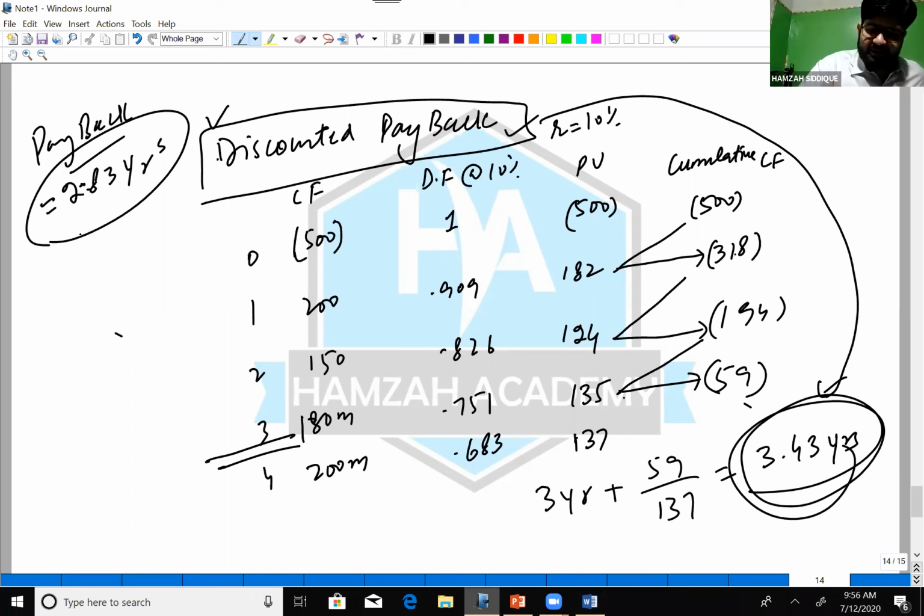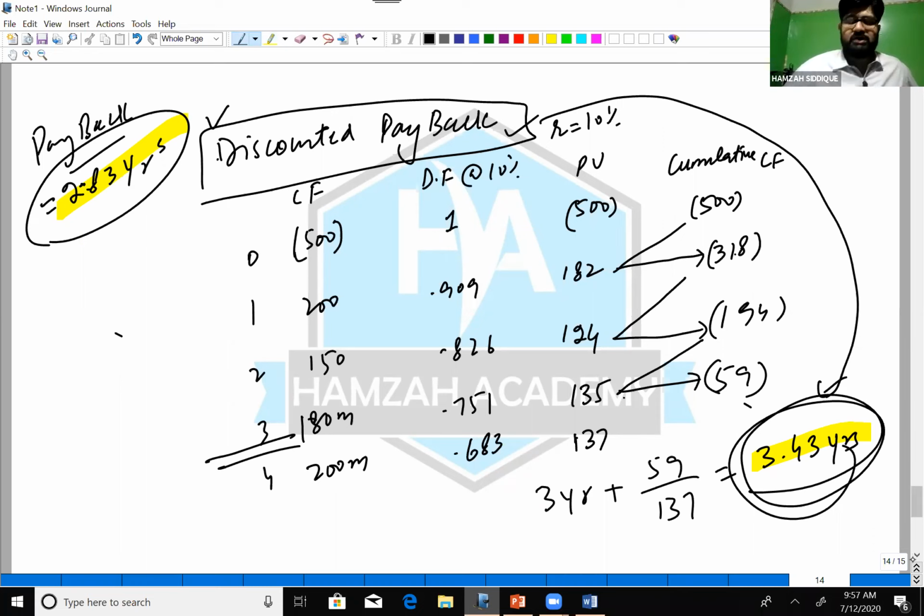So discounted payback is 3.43. You see, simple payback was this, which you calculated, and this is the discounted payback. Discounted payback considered time value of money, that is, in real terms, what is the total amount recovered.